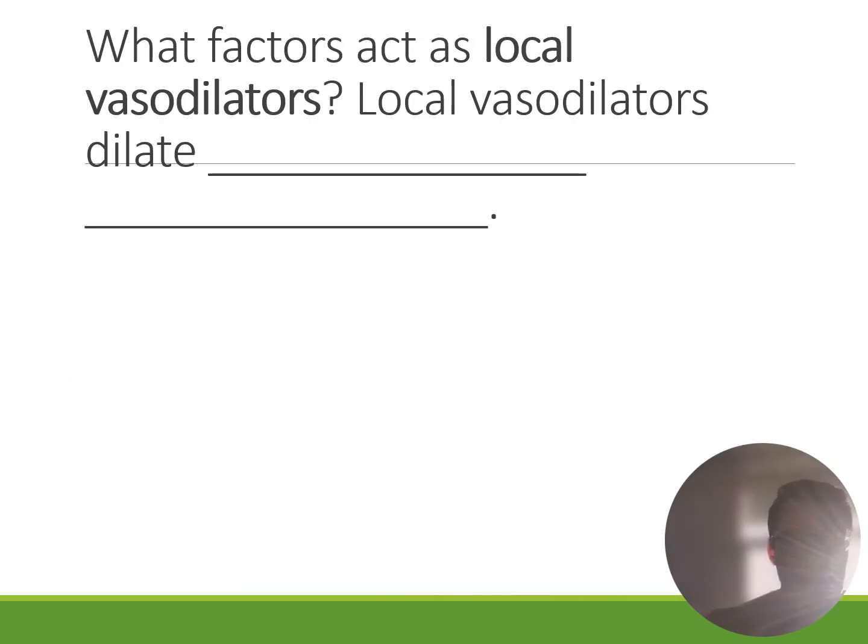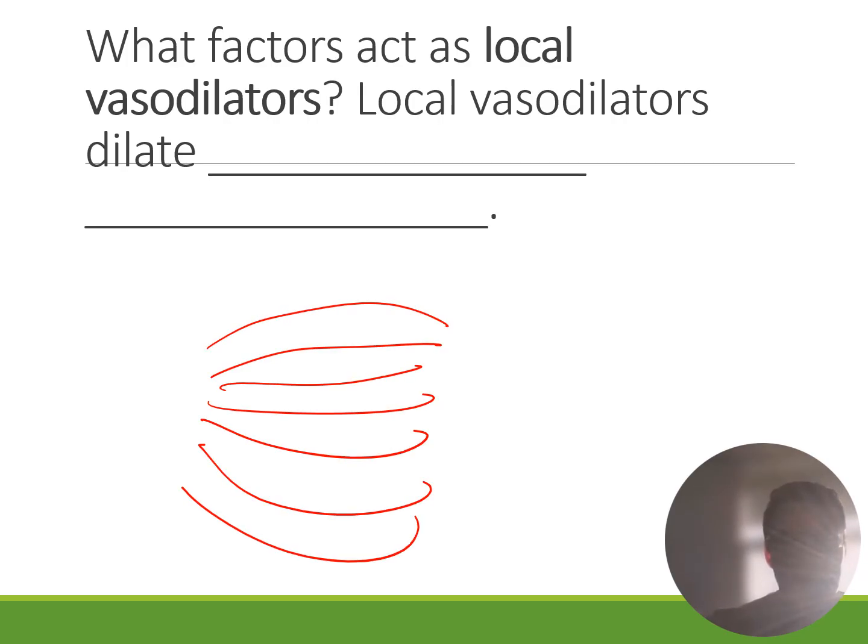Just as a recap, what factors act as local vasodilators? Remember that we have that capillary bed, and when we're talking about vasomotion, it may want to redirect and shunt blood flow to this section as opposed to this section. We do this through a constriction and relaxation of sphincters in that capillary bed.